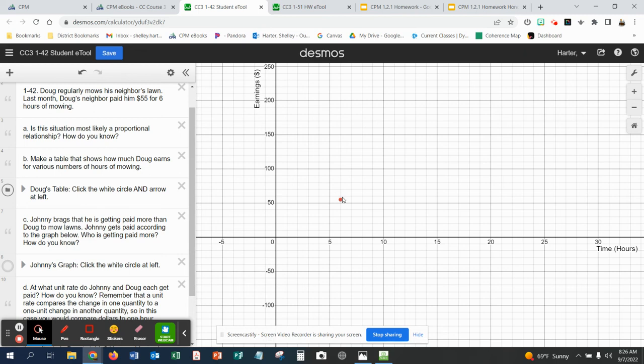So here's 6 hours at $55. When you find what Doug is at 1 hour, he's at like $9.10. Hold on. I'm not actually sure how that's going to work, but there you go.